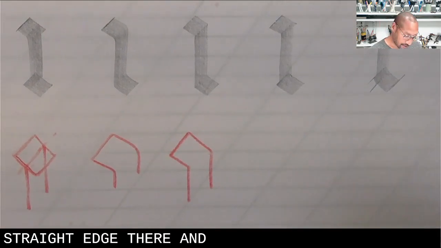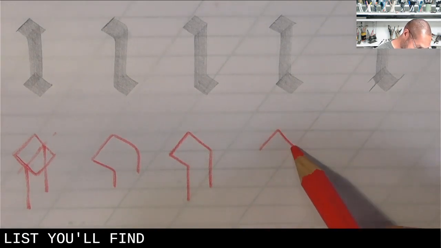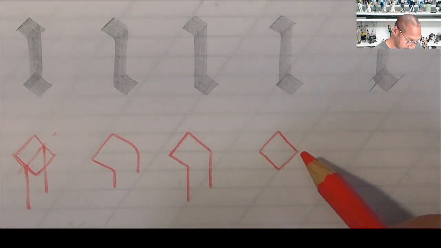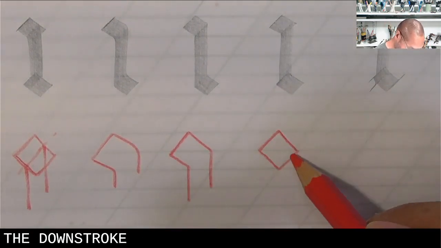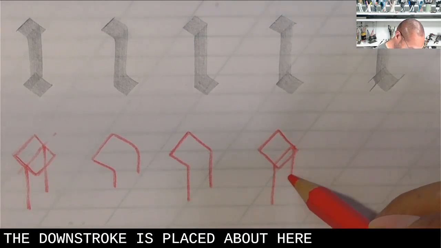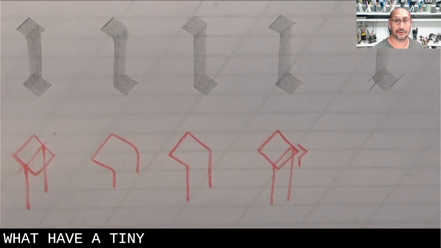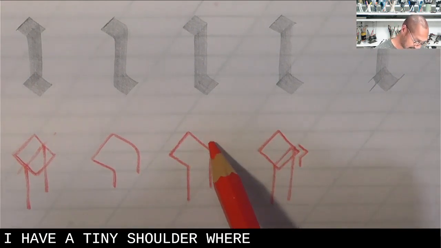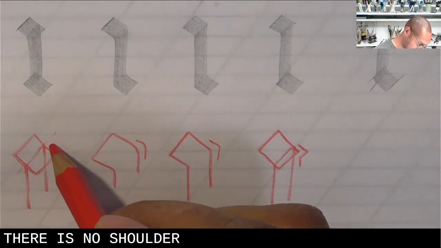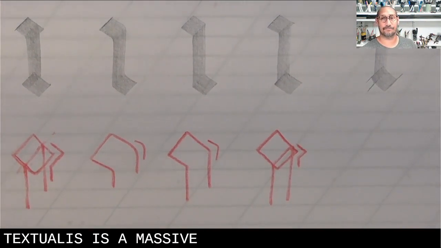And in the historical Textualis, you'll find that the downstroke is placed about here. So you still have a tiny shoulder, whereas in semi-quadrata, there is no shoulder, and in my geometric Textualis, there's a massive shoulder.